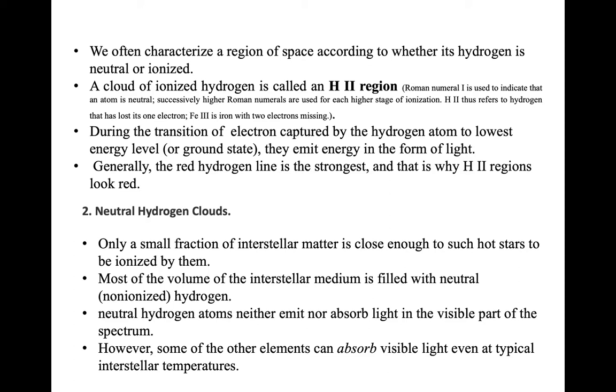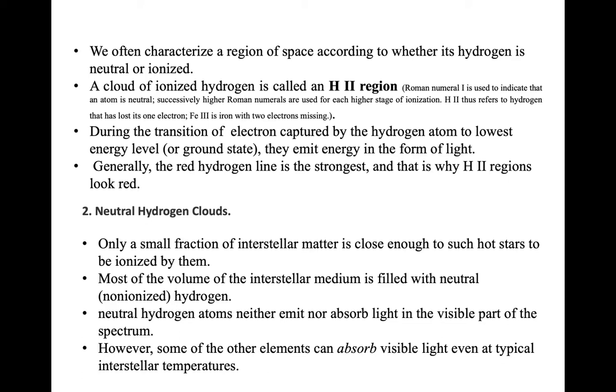Now you can detect this ionized hydrogen easily because the ultraviolet radiation from these stars ionizes the hydrogen and they emit this red color, or red lines. But for neutral hydrogen, we don't have such a thing.